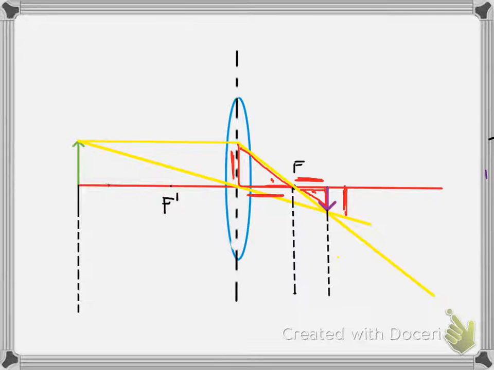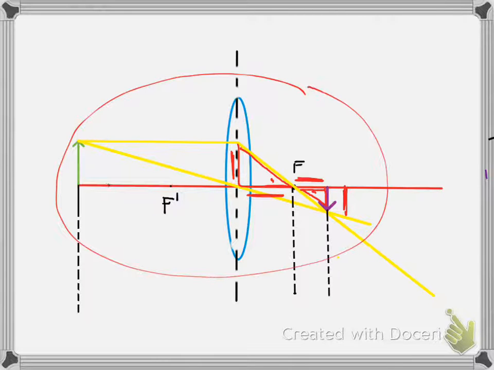What you really need to know is that it's based on this setup: a ray of light going through a converging lens and also a diverging lens, which is something that we'll talk about later on. They are going through a lens and they're going to produce an image, a real image on one side, or it could be possible that they produce a virtual image, which is an image that's going to be on the same side as the object.